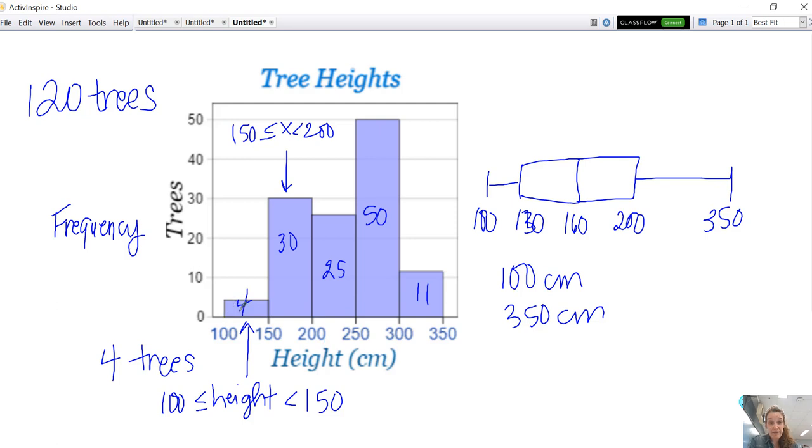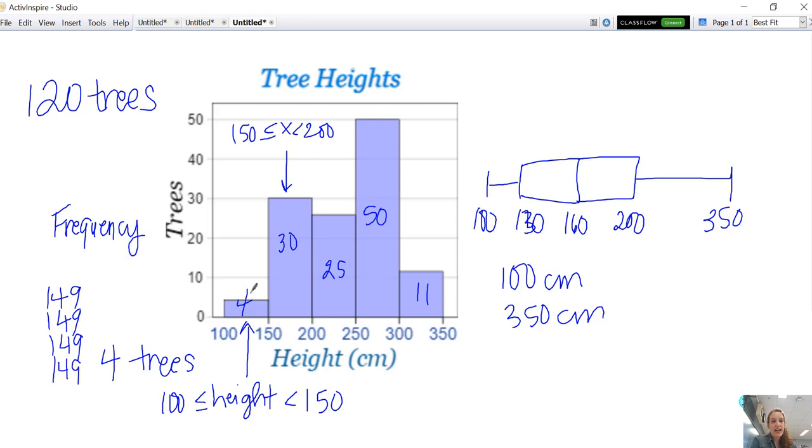Looking at my histogram, I do not know that there is a tree that has a height of 100 centimeters. I don't know what my minimum is. My smallest tree, my shortest tree, could be anywhere in between 100 and 149.99999. I could have 4 trees that are all 149, 149, 149, 149, technically.